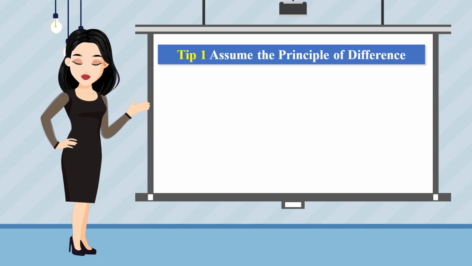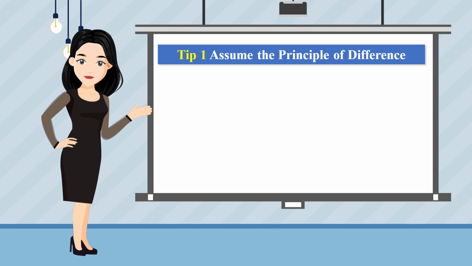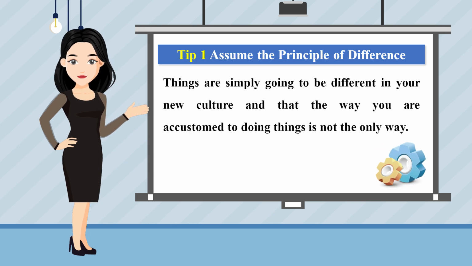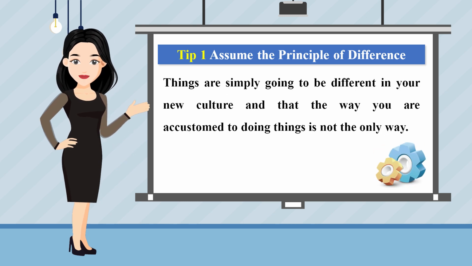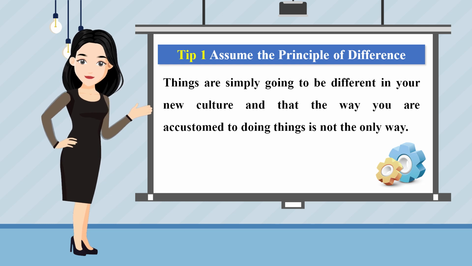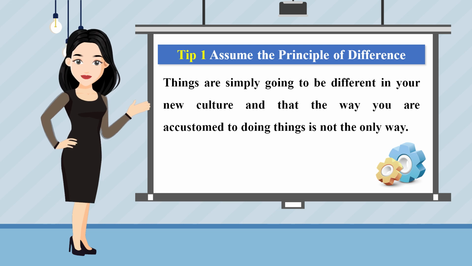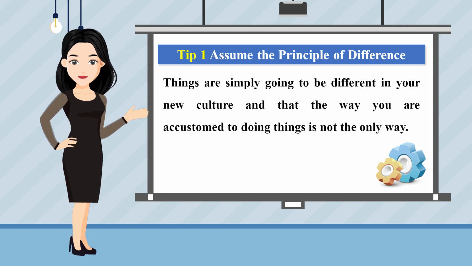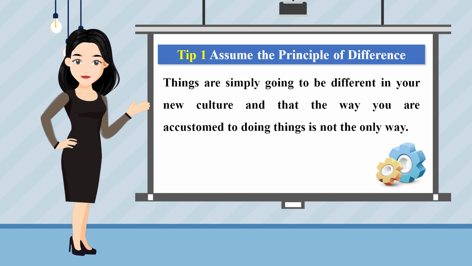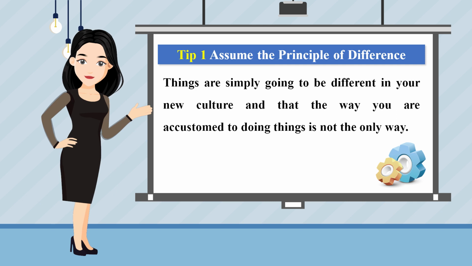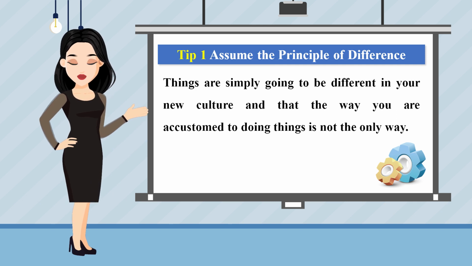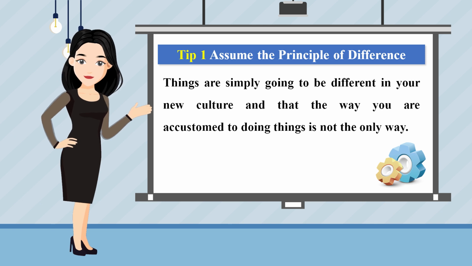Tip 1. Assume the principle of difference. If you want to adapt to the new culture, you must try to understand that things are simply going to be different in your new culture, and that the way you are accustomed to doing things is not the only way. Remember that your perceptual context is biased in favor of your culture and your in-group.